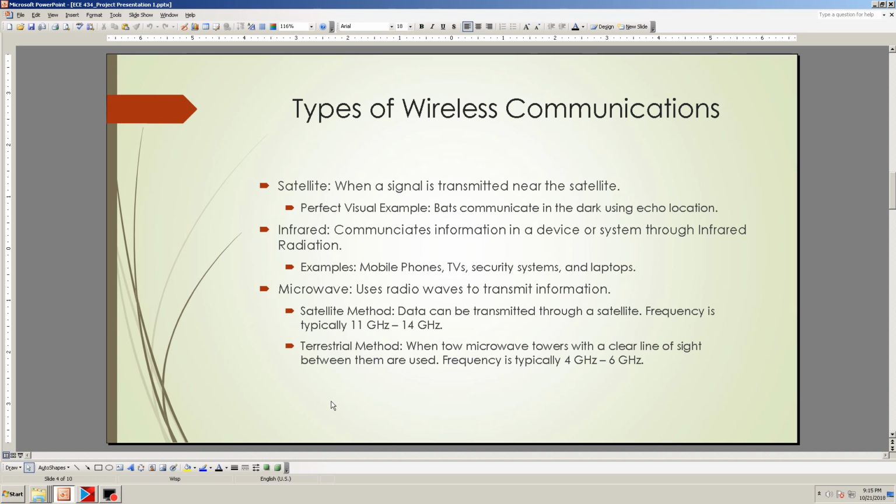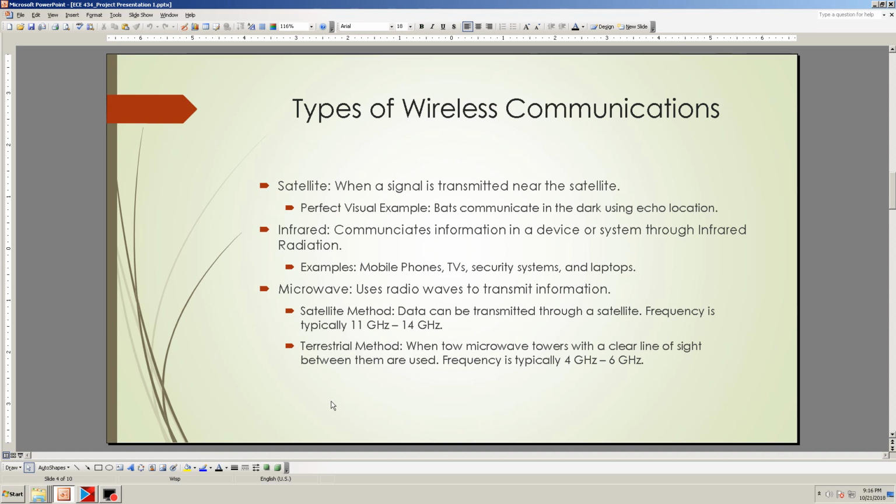A really good example of how this technology works, if you're a visual person like myself, and it's hard to understand, is how bats communicate in the dark, using what's called echolocation. This is a perfect example of a transmitted signal, because when the bat travels at night, it lets out a screech, which generates waveform vibrations.